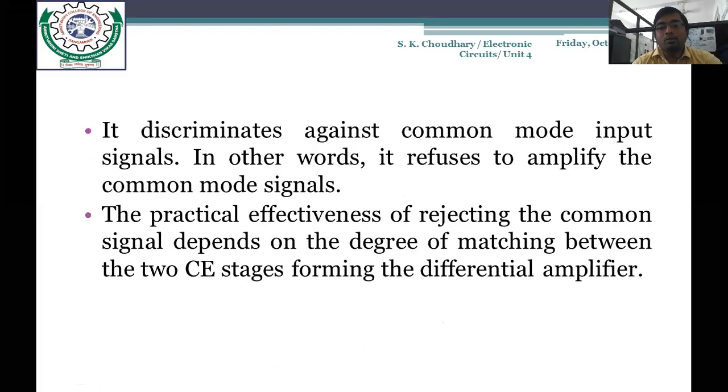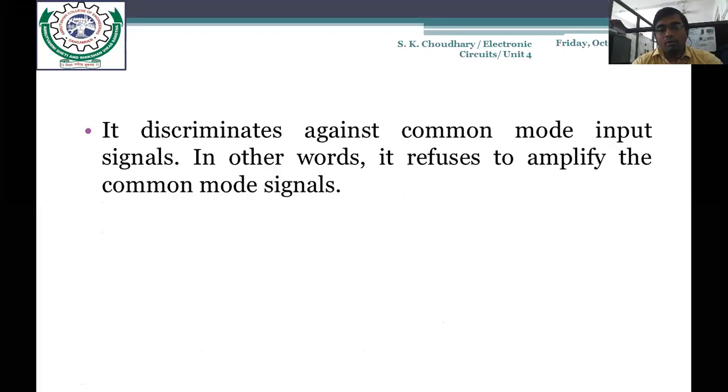Why? Because of this common mode signal. You can see that it discriminates against the common mode input signals. In other words, it refuses to amplify the common mode signals.